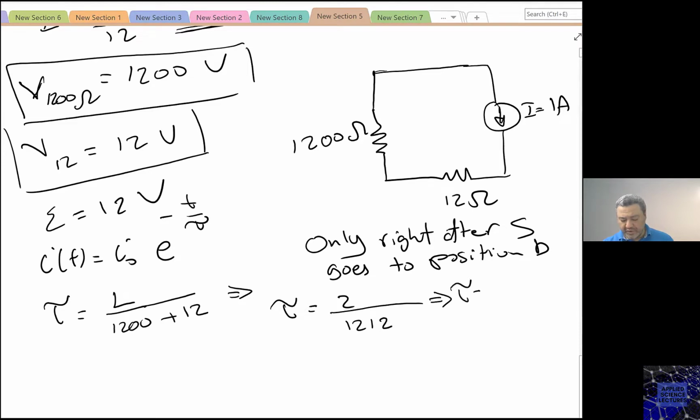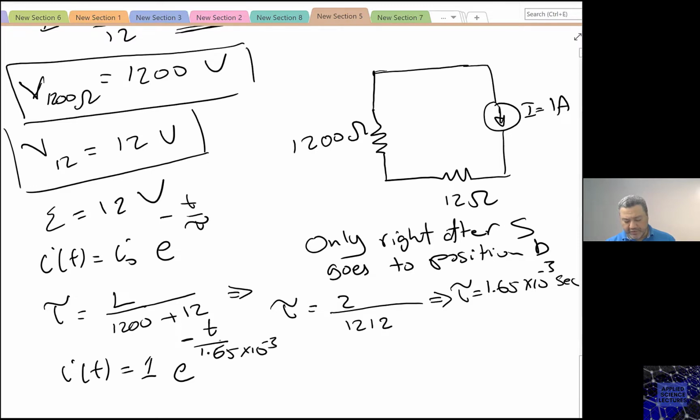So tau is 1.65 times 10 to the power minus 3 seconds. Then I have here I(t) equals 1 e to the minus t over 1.65 times 10 to the power minus 3.